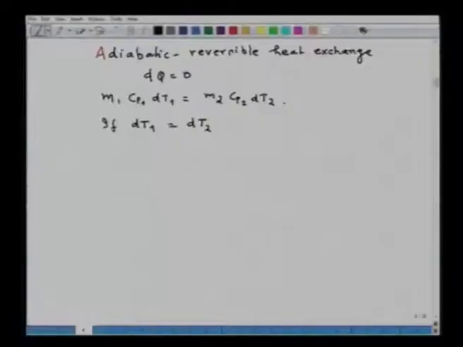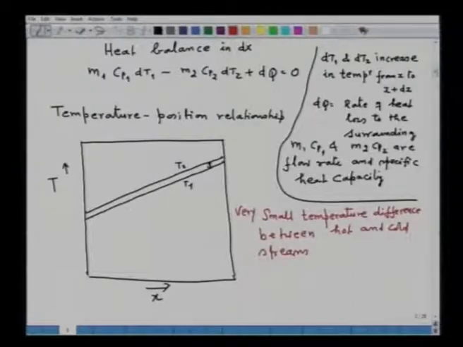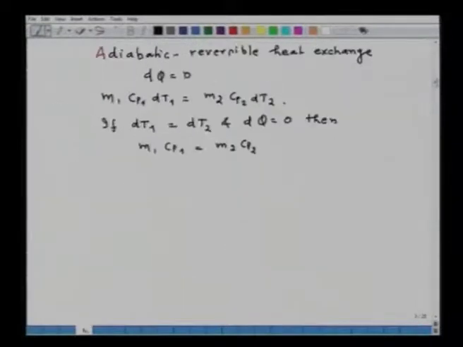So, if dT1 equals dT2 and dQ is equal to 0, then it follows that m1 Cp1 is equal to m2 Cp2. That means, for this type of heat exchange behavior, it is necessary that the heat exchange capacities of the cold and hot fluid are the same.